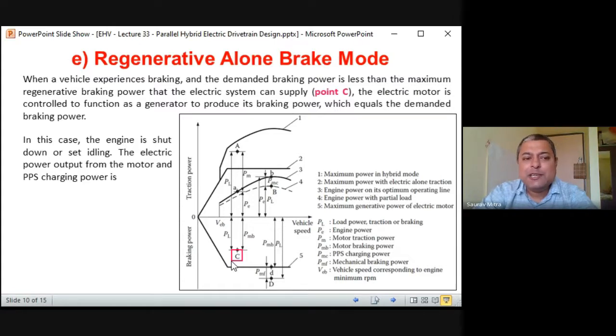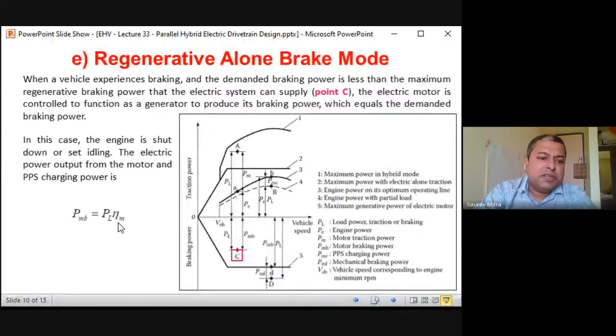PL is very small in this case. So the electric power output from the motor and the PPS charging power is PMB is equal to PL into eta M. Whatever power is demanded is used in braking. So how much is the braking power? PMB is equal to PL into eta M.